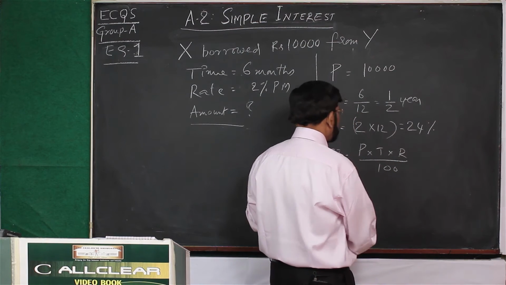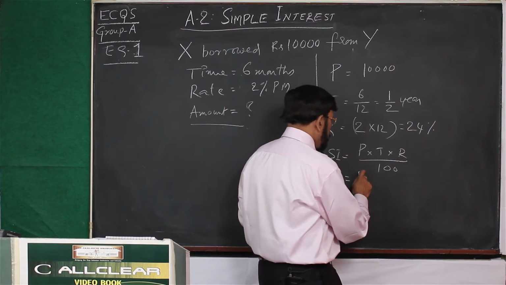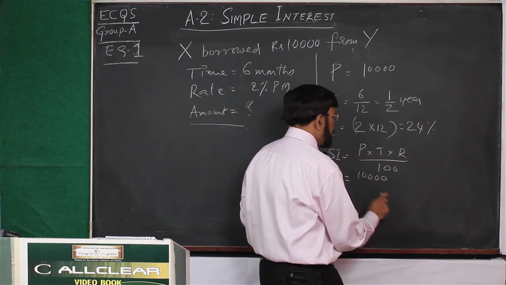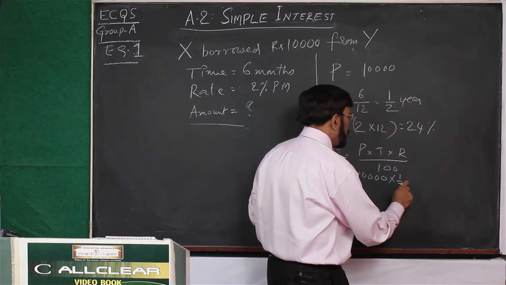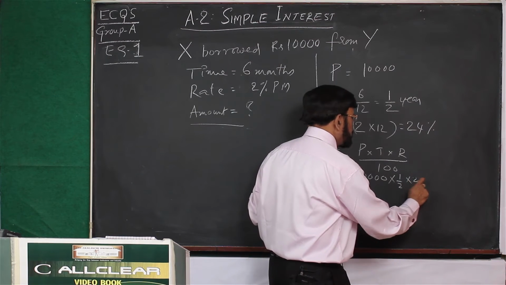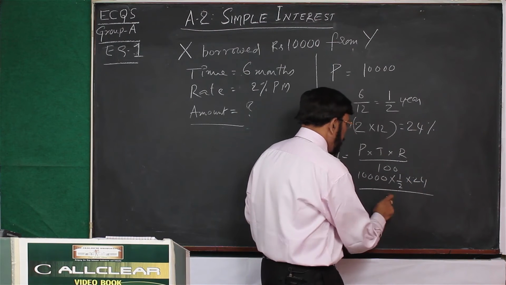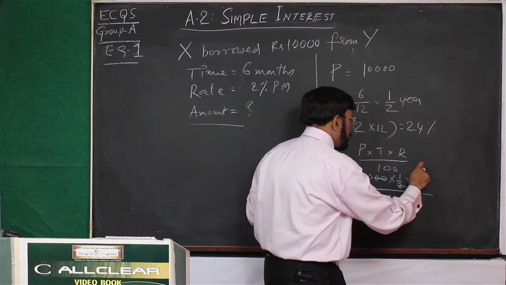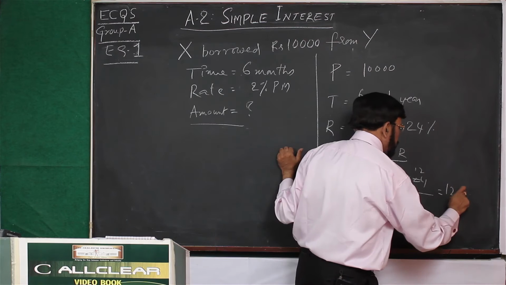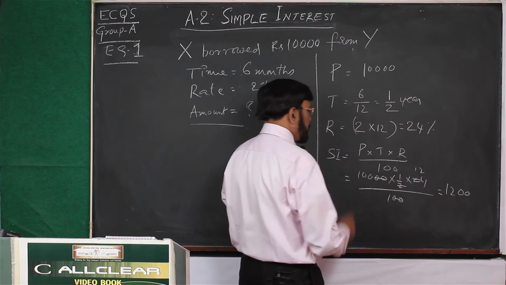Then, if you substitute the values into the formula, 10,000 into time is half and rate is 24 by 100, then 12, then 1,200 is the simple interest.